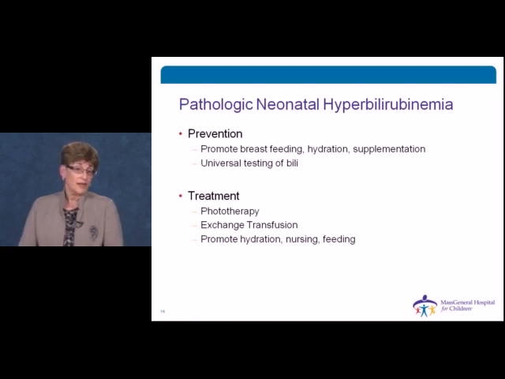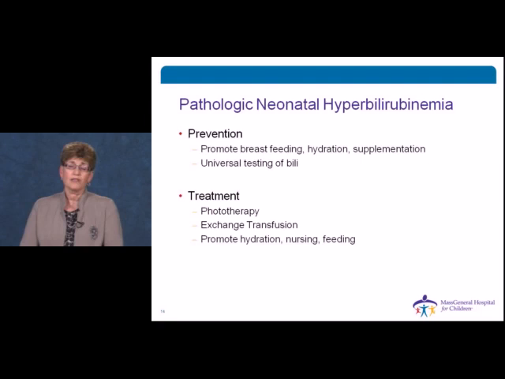So what do we do about pathologic neonatal hyperbilirubinemia? Well, how do we prevent it? We do want to promote breastfeeding. I had mentioned that breastfeeding is a risk factor, but that's breastfeeding where the baby starts getting dehydrated. So we certainly want to promote breastfeeding and hydrating, with supplementation when necessary. And of course, there's the universal testing of the bilirubin.